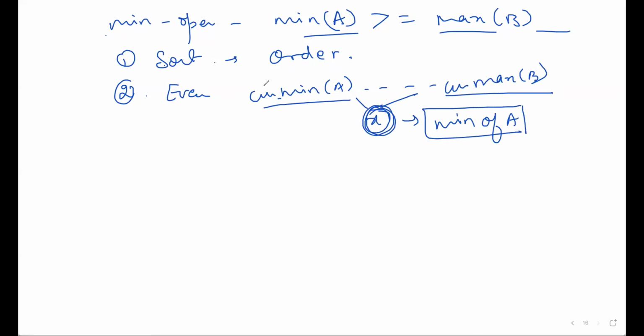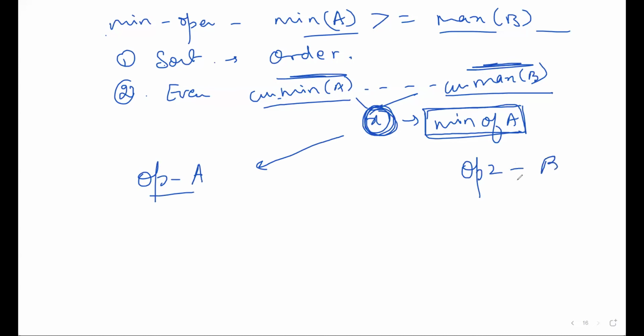So you are running a loop from this point to this point. At any point x, you want the minimum element of A to be x. So you have to perform operations on array A and also on array B. What operation?